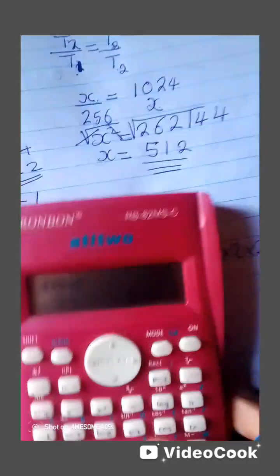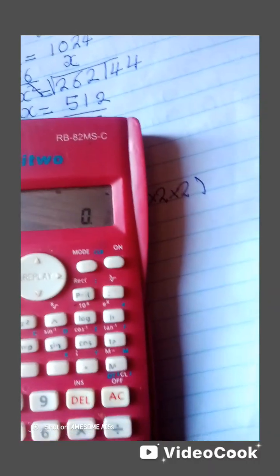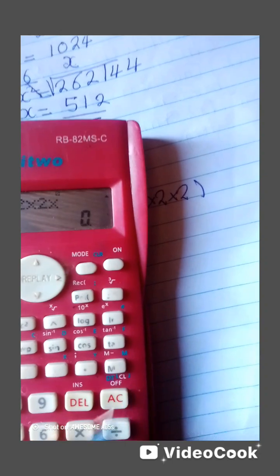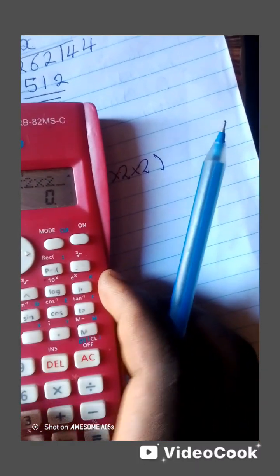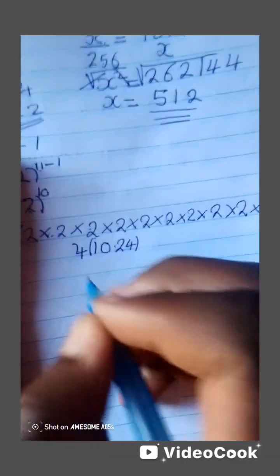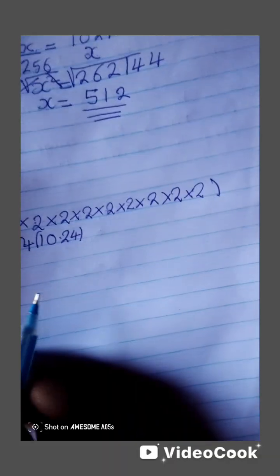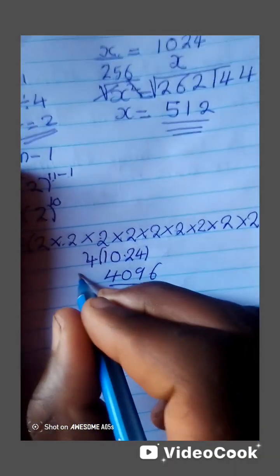Then you multiply, and you get 1024. Multiply again by 4. So this is the 11th term.